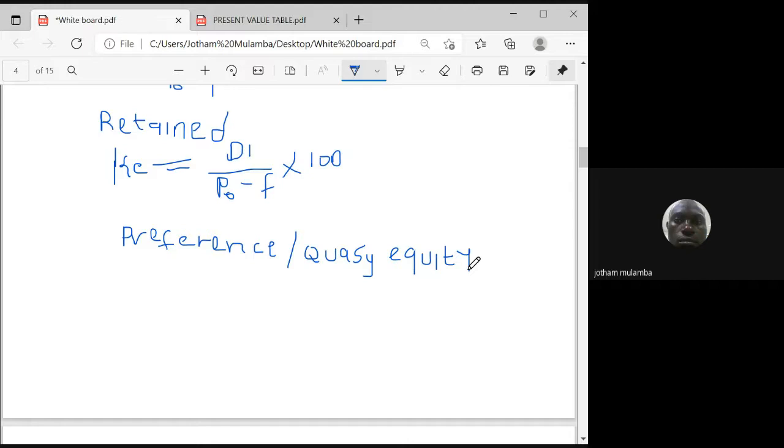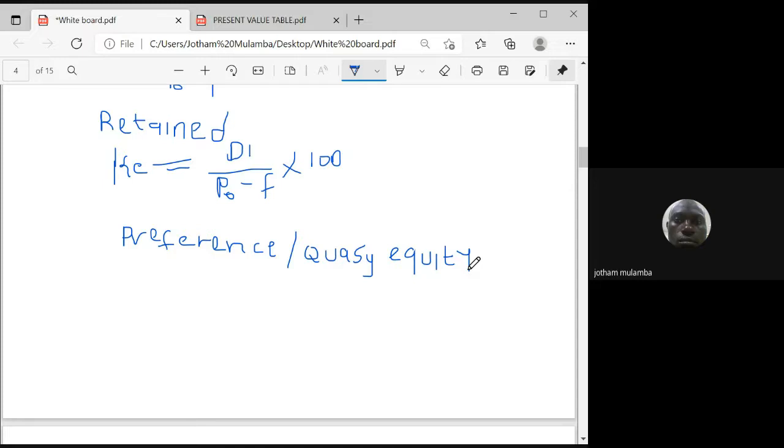So if the company makes higher profit, then these shareholders will also get higher returns. If the company makes lower profit, they cannot get below that particular percentage. So if you have agreed 10%, if the company makes high profit, you can give us a dividend higher than 10%, but you cannot give us below 10%. So we refer to that as participating.